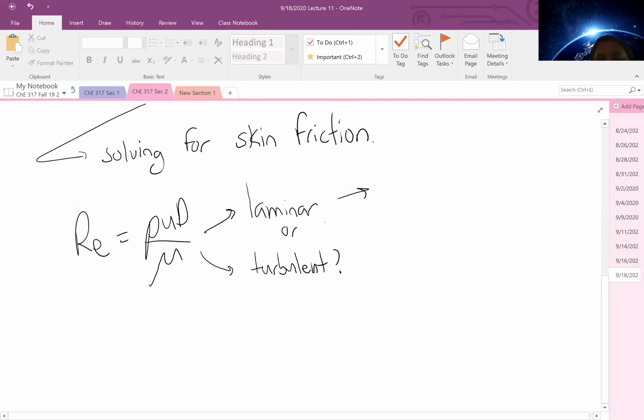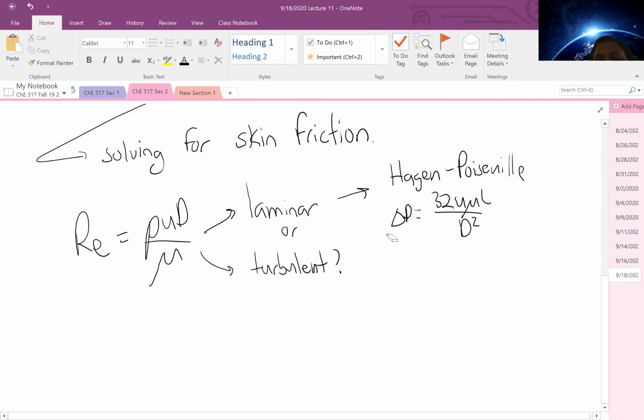If it's laminar, we can use the Hagen-Poiseuille, where we can identify our pressure drop as 32 u mu L over D squared. So if I want friction, I can divide that all by rho.